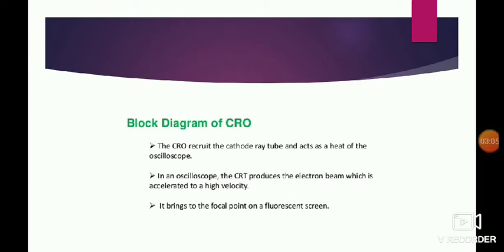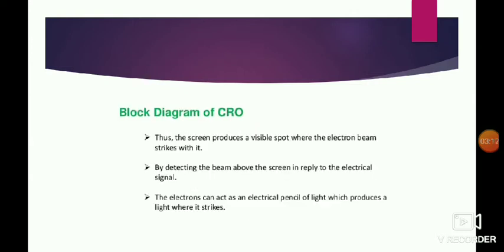It is brought to a focal point on the fluorescent screen. Thus, the screen produces a visible spot where the electron gun beam strikes it, and the beam above the screen responds to the electrical signal.